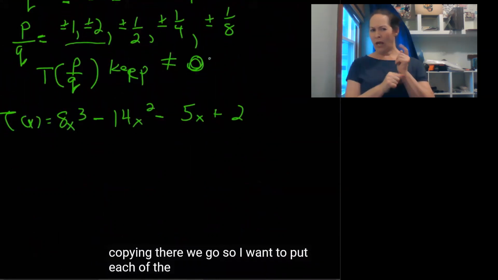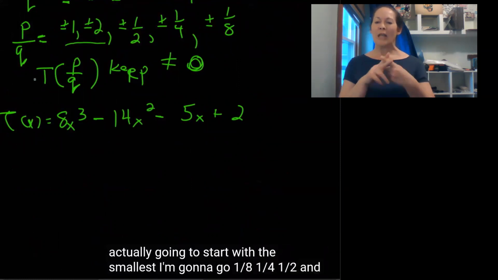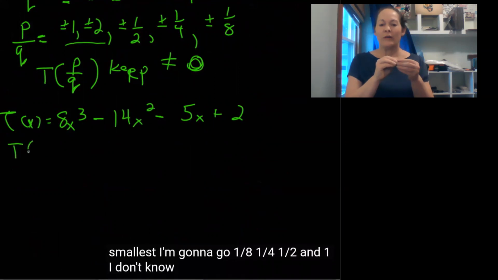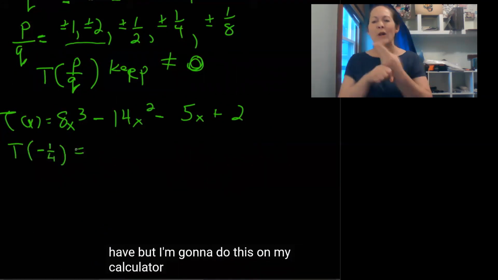So I'm going to put each of the negative values through. I'm actually going to start with the smallest. I'm going to go 1/8, 1/4, 1/2, and 1. But I'm going to do this on my calculator.